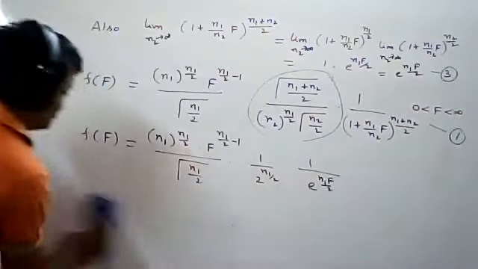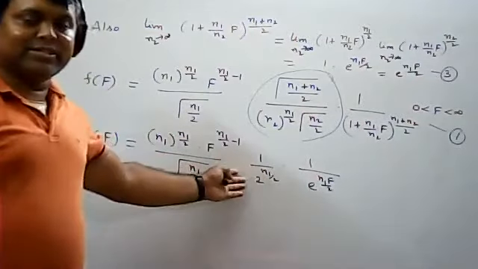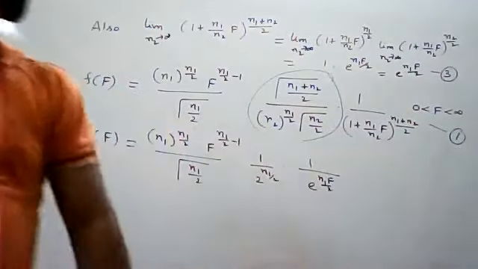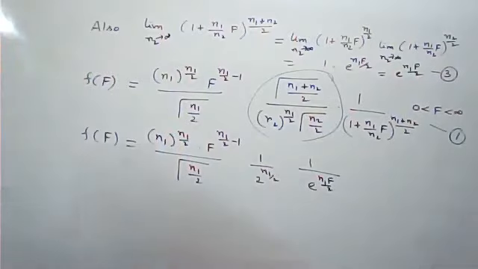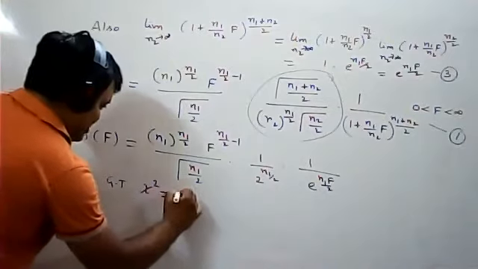Now I will use the second condition so that this entire density function converts in terms of chi-square. If you observe, I have given the statement chi-square equal to n1 into f.